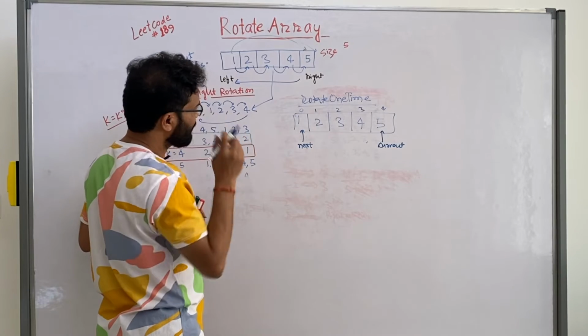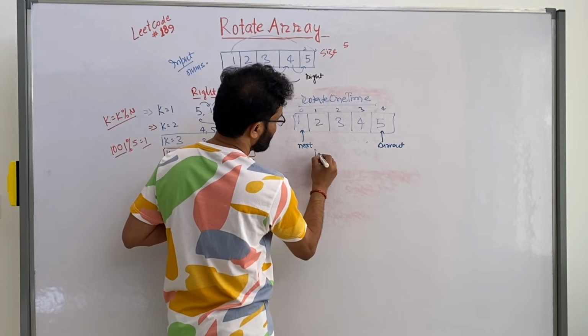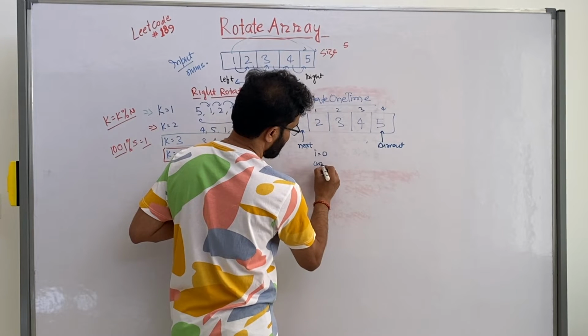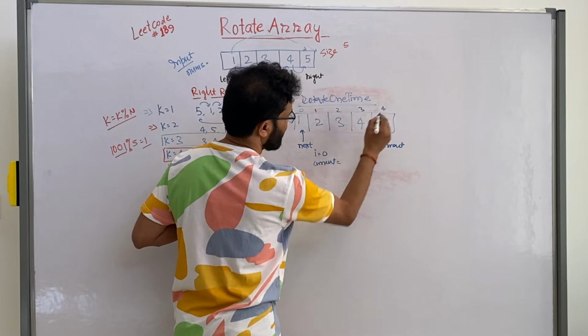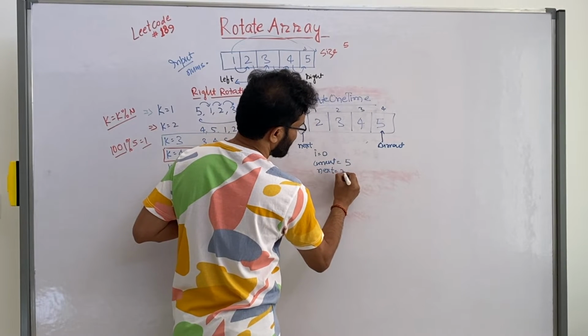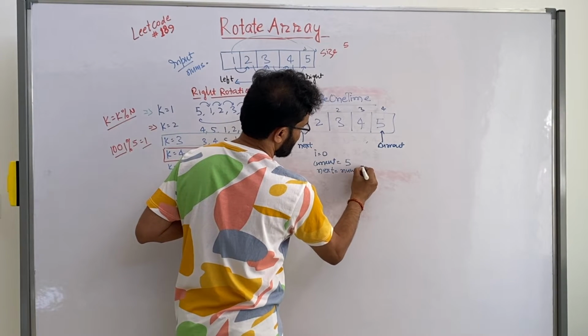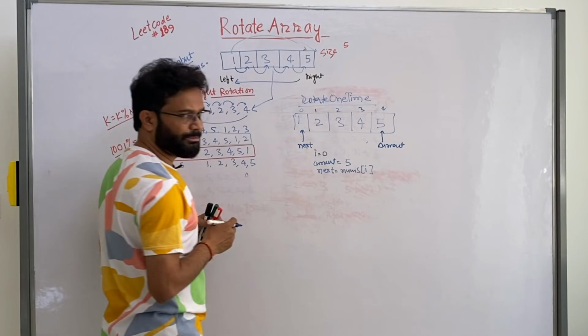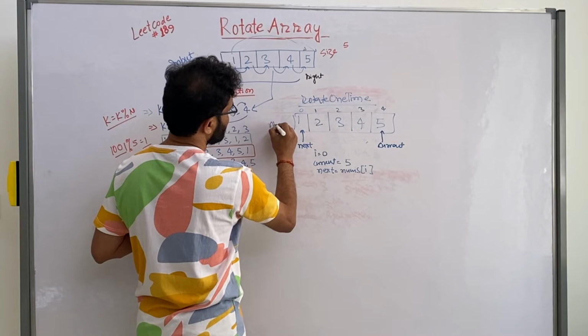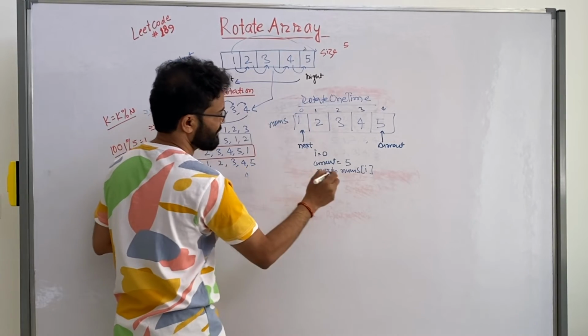And now you know these are the indexes, right? So if you do the for loop, then I will start from 0, and in current keep the 5 and in next keep nums I. So nums I is equal to 0, and if this is the nums, so this is the 1, right?